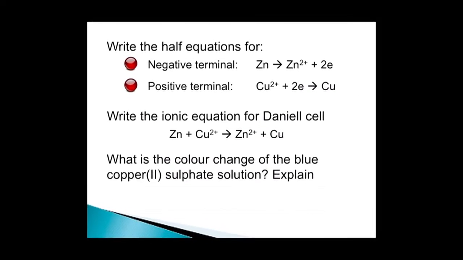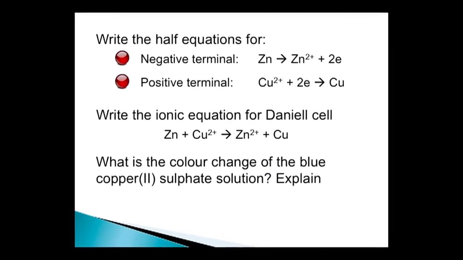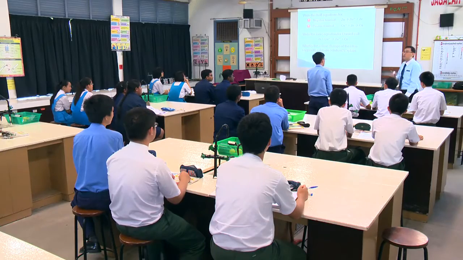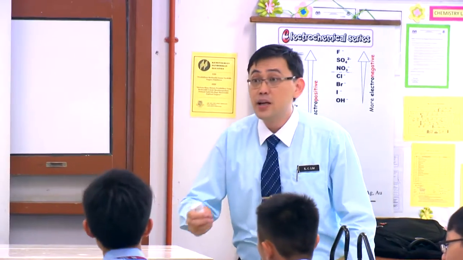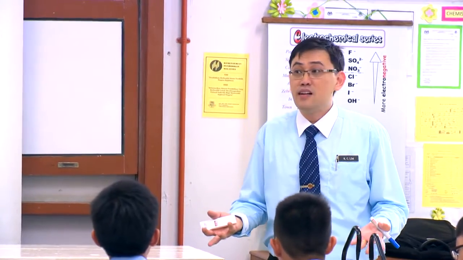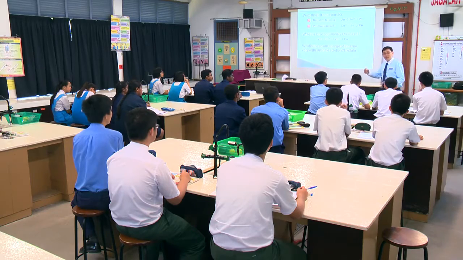So slowly this copper(II) ion will turn into the atom and it will decrease, right? What is the color change of the blue copper(II) sulfate solution? Wilson? Blue solution turns paler. Correct. If you ask me why it turns paler, Melvin, can you help me? The solution turns paler because the concentration of copper(II) ion decreases. Correct.